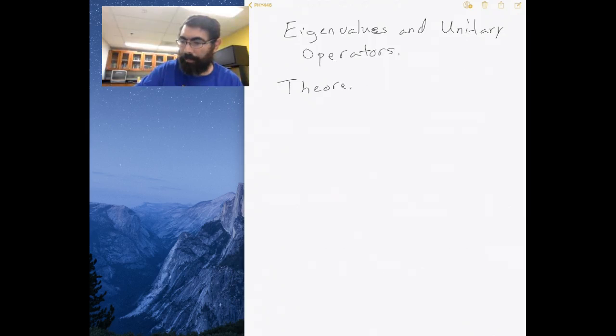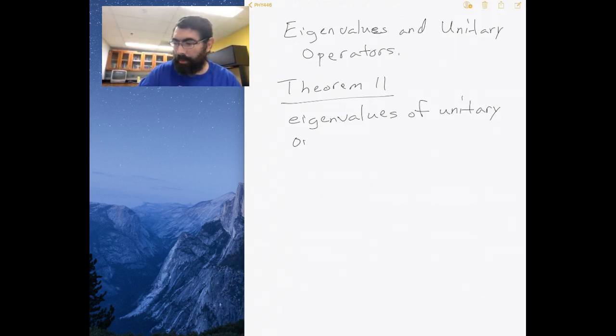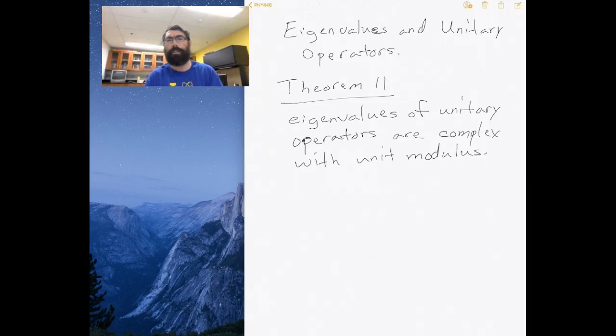The first was theorem 11, which basically says that if you have a unitary operator, the eigenvalues of that unitary operator are going to be complex numbers with a unit modulus.